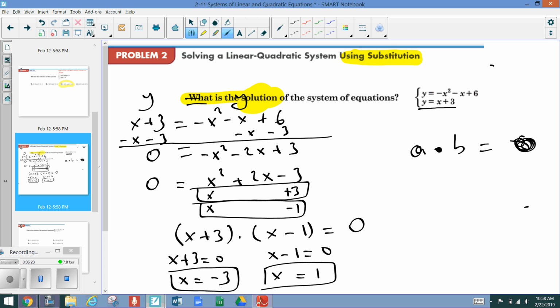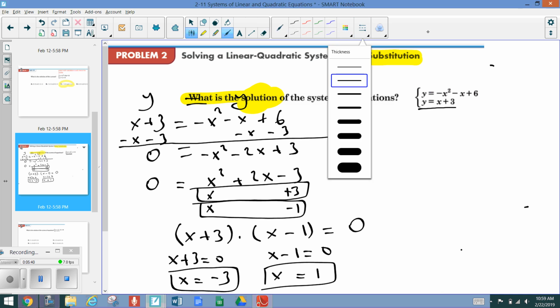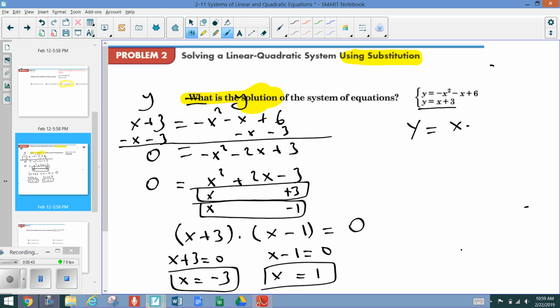So what are the solutions? We're going to plug back into the easy one, not the quadratic one. We'll plug into the linear one. Y is equal to x plus 3, right? We have the ordered pairs now, and we know the x components of those.